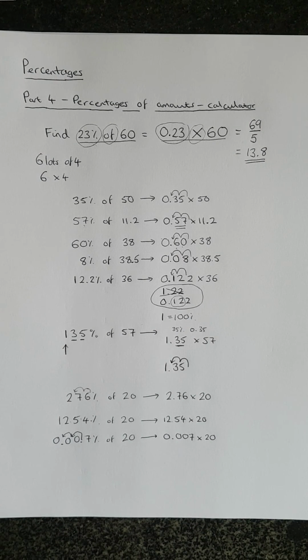Now you need to practice this in lots of different situations, and then we're going to look at how you can use that to perform percentage increases and percentage decreases.